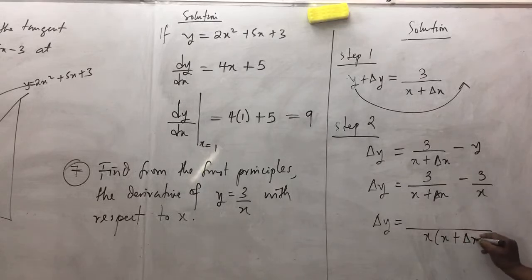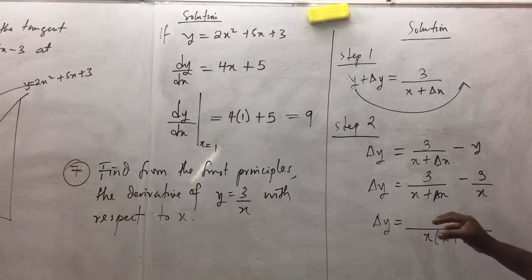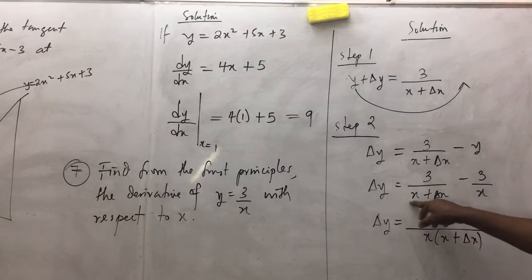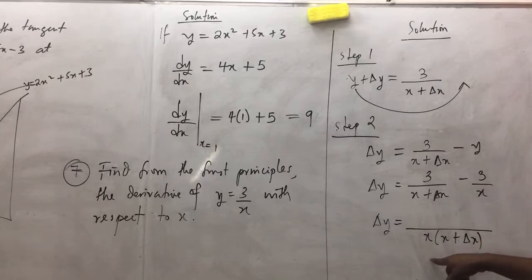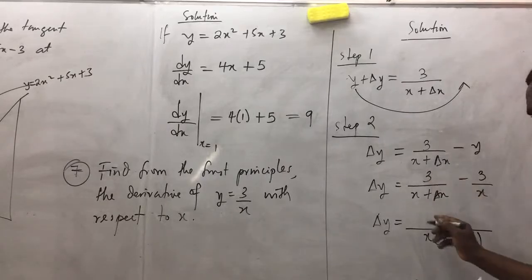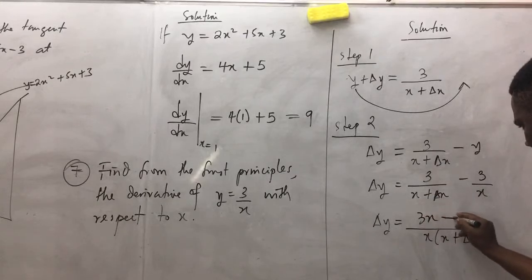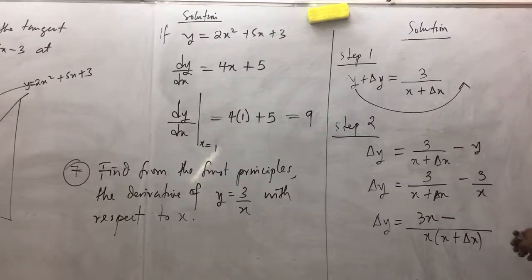So I'm going to put up my LCM here. Now, when this goes into this LCM, it cancels itself, leaving us with x. So x times 3 gives us 3x minus, when x goes into the LCM, it cancels itself and leaves us with x plus change in x.